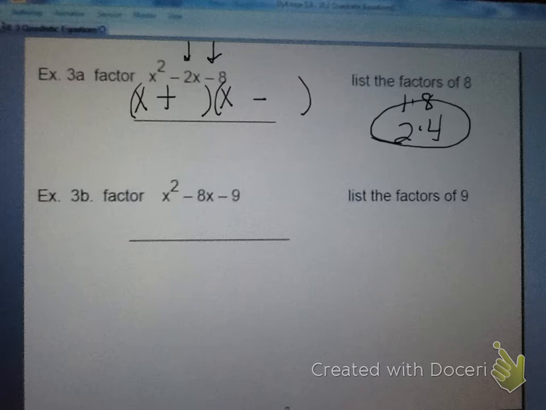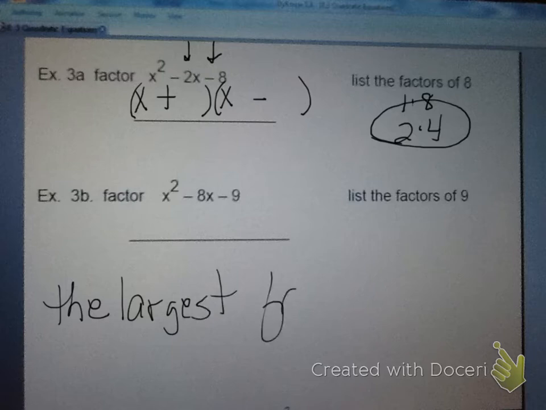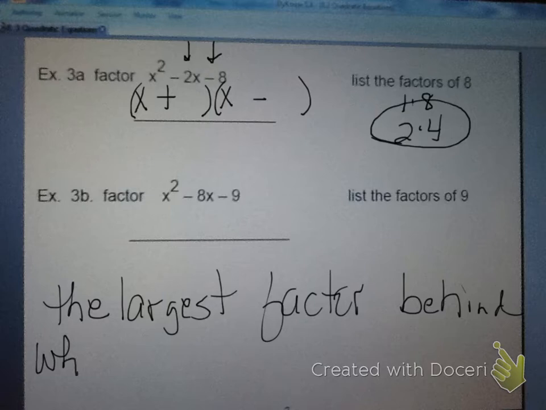We want to put the largest factor behind whatever the first sign is.